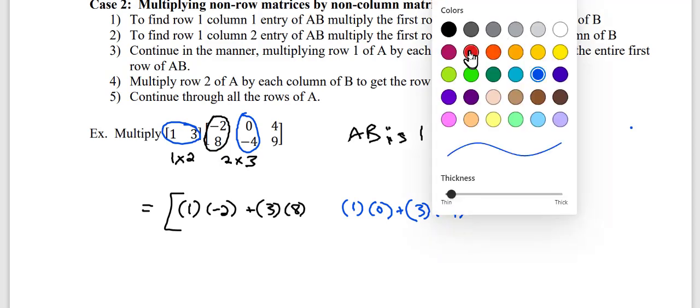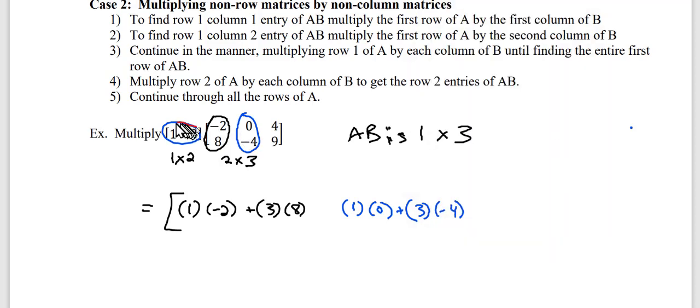Then we multiply the first row by the third column, and we put it in the first row, third column position. 1 times 4 plus 3 times 9.